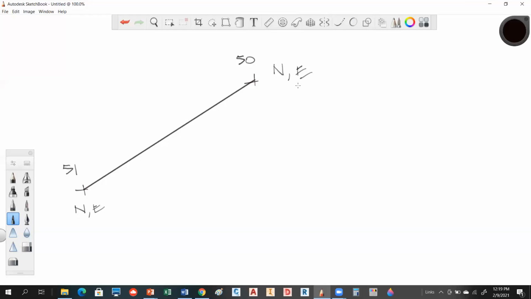We know the northing and easting here, and here. Inversing says you can determine the distance between those 2 points. I can also tell you what the direction is.